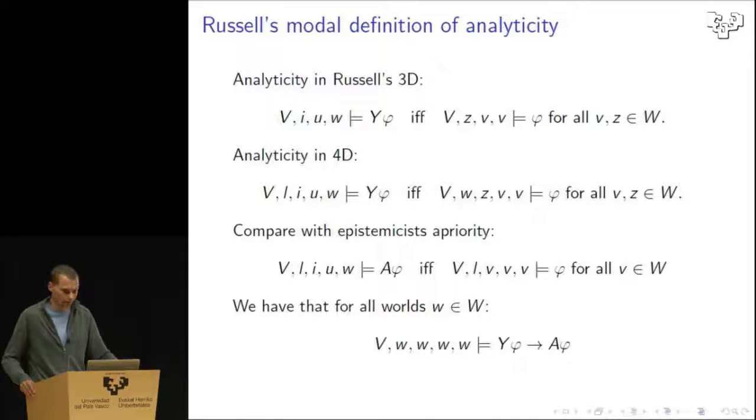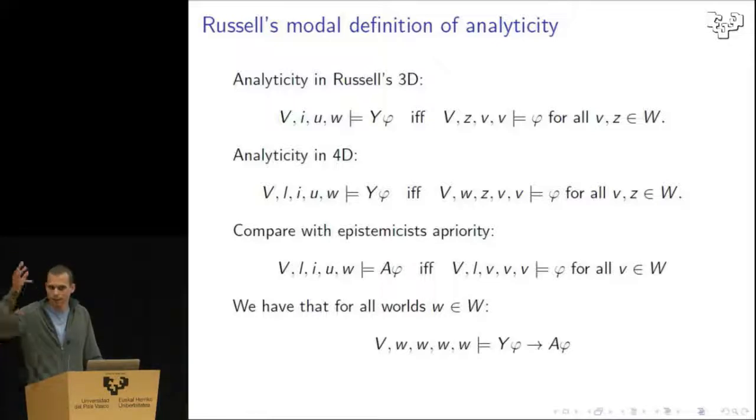She thinks it's a desideratum for a notion of analyticity that analytic sentences should also express a priori truths. So she says that this is a counter-argument against her notion of analyticity. However, now, because of this result, if you use the epistemic notion of a priority, this just can't happen, because it is a basic result about the logic that analyticity implies a priority.